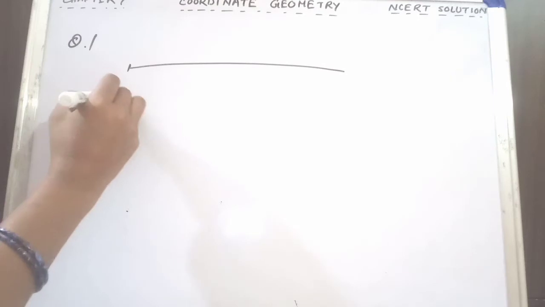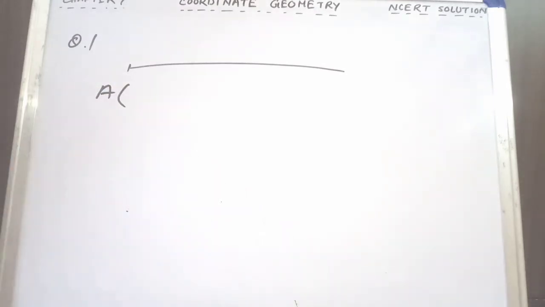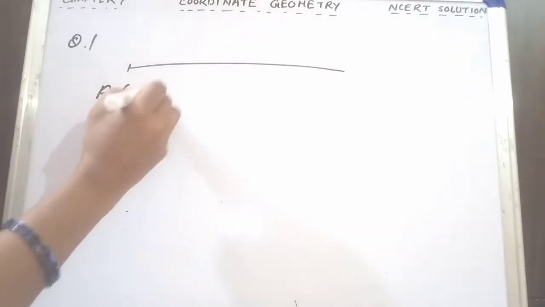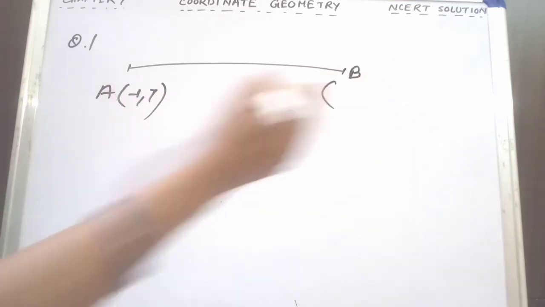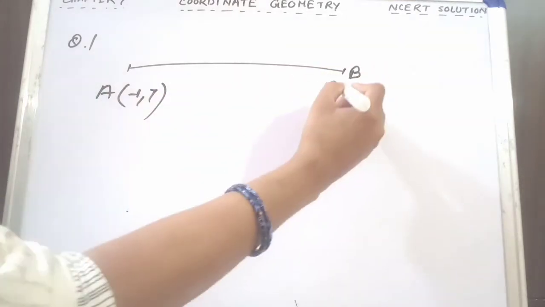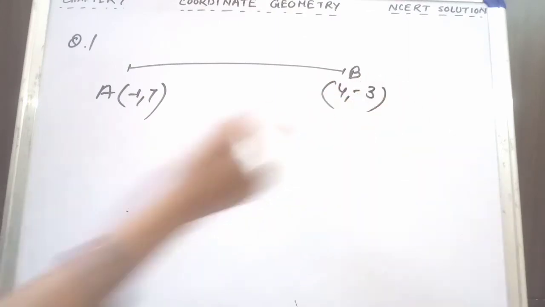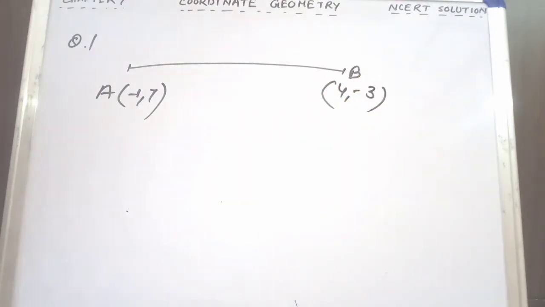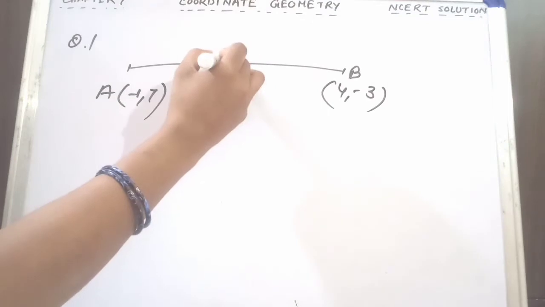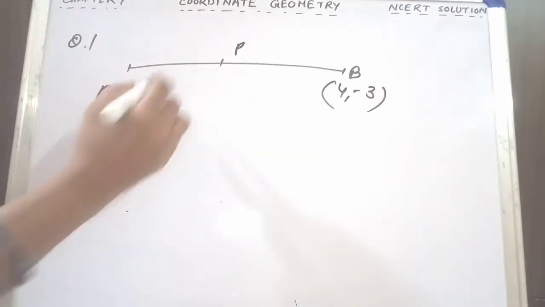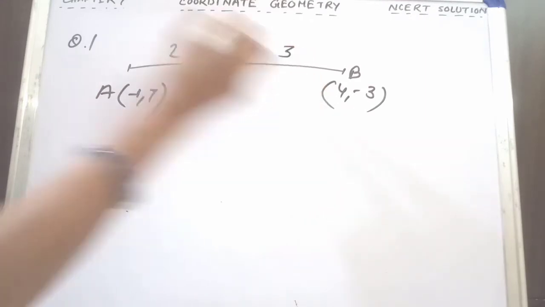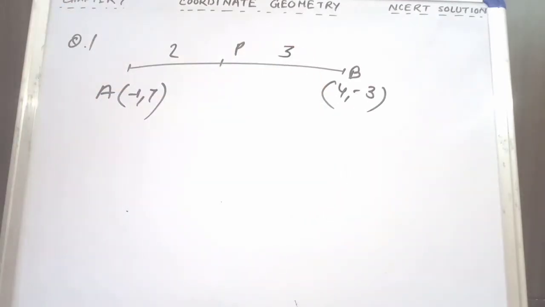Given that, suppose this is point A, coordinate of A is (-1, 7), and this is point B, coordinate of B is (4, -3). Find the coordinate of the point, suppose here point P, and the ratio is 2:3.